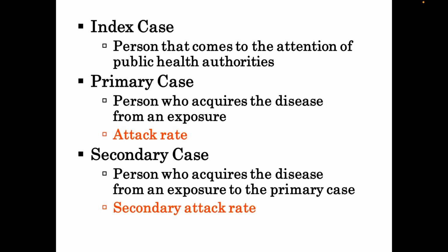The primary case is the person who acquired the disease from an exposure to the index case. Please take note of this: the primary case is the one for which we compute the attack rate.